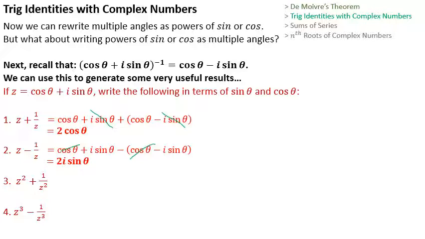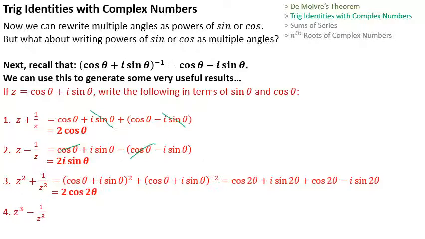Even more interestingly, when we deal with z squared and 1 over z squared, we find similar cancellation happens. So we can use De Moivre's theorem to turn cos theta plus i sine theta squared into cos 2 theta plus i sine 2 theta. So that allows us to simplify this whole process quite a lot. Similarly, cos theta plus i sine theta to the minus 2, well, you can bring that minus 2 inside, and it does the same kind of thing as bringing a minus 1 inside.